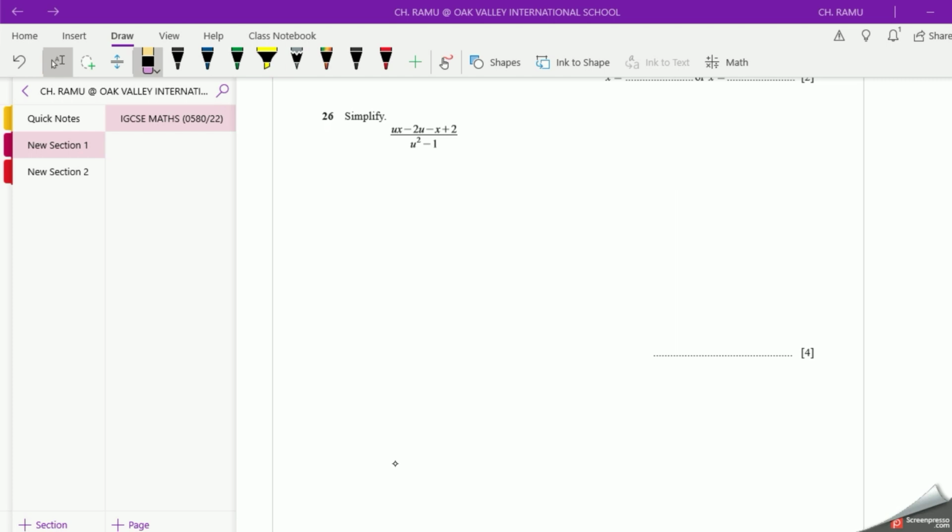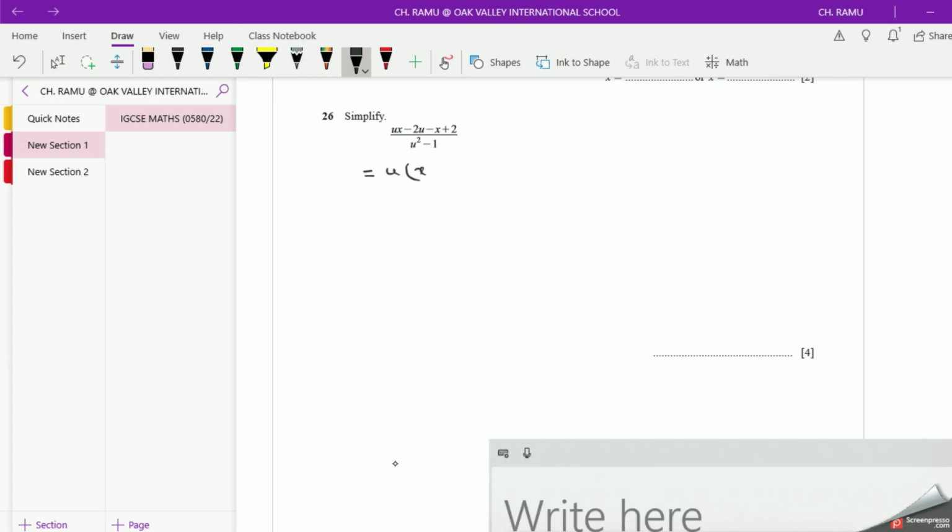Now last question. Simplify (ux minus 2u minus x plus 2) by (u square minus 1). Now in the first two terms, you take u as common, then you will get x minus 2, minus, take 1 as common, you will get x minus 2.